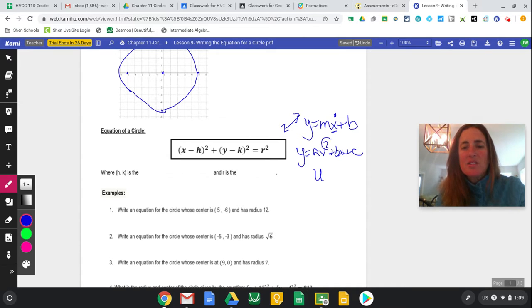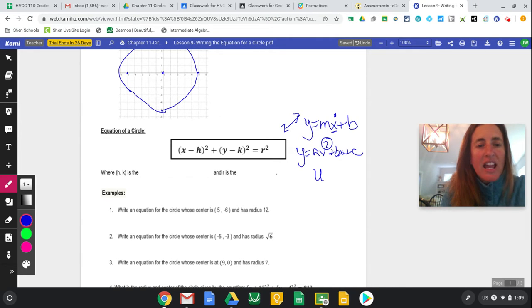Because of the x squared, it turned it into a U. Now we have x squared and y squared, and that forms a circle. So our formula looks like this: x minus h squared plus y minus k squared equals r squared.